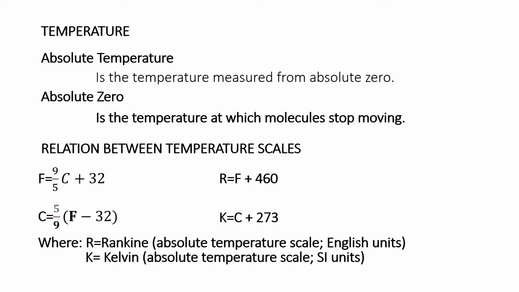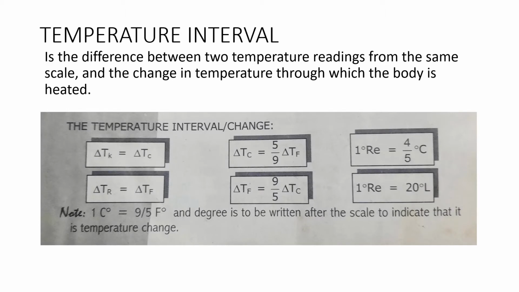From Fahrenheit to Rankine, which we usually use in English units, degree Fahrenheit plus 460. From degree Celsius to Kelvin, degree Celsius plus 273. R is Rankine, the absolute temperature scale in English units. Kelvin is the absolute temperature scale in System Internationale units, SI units.